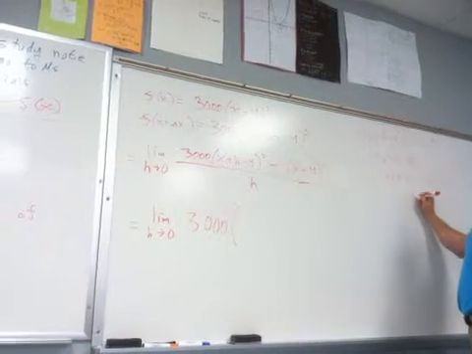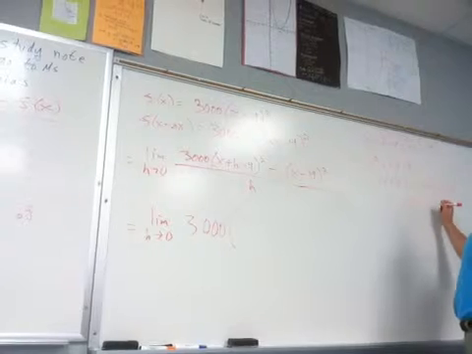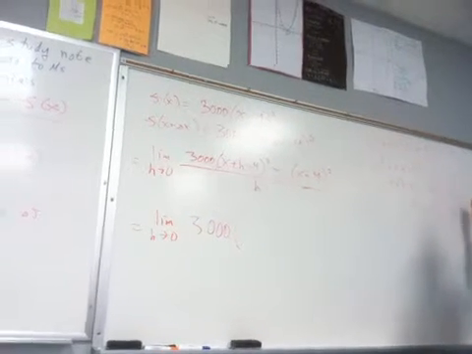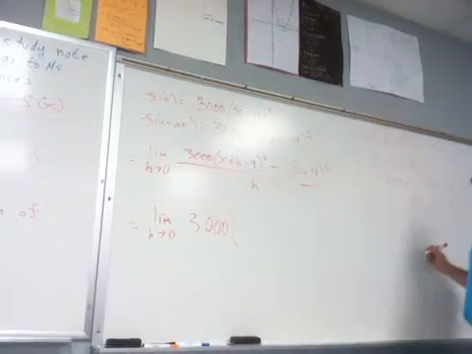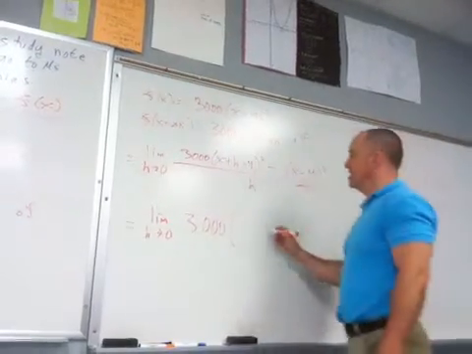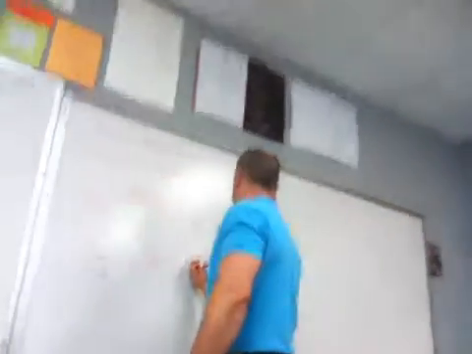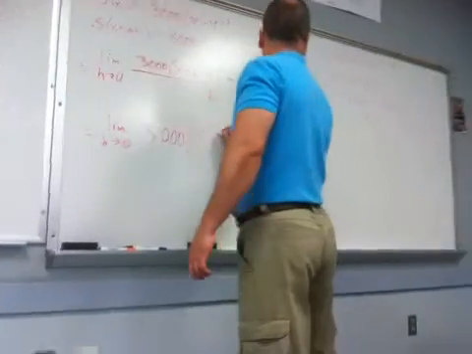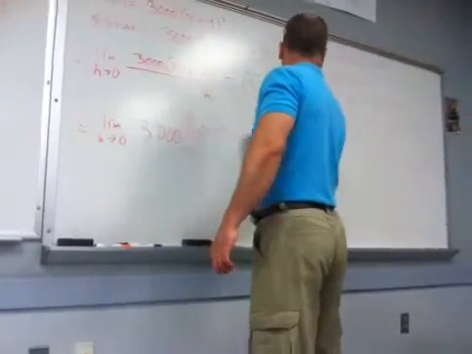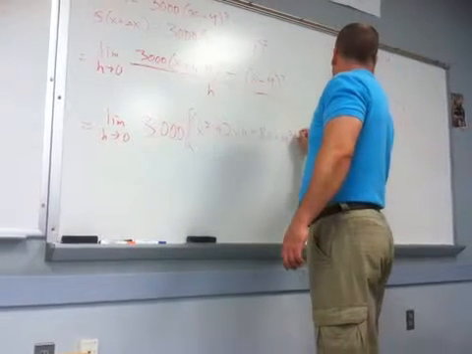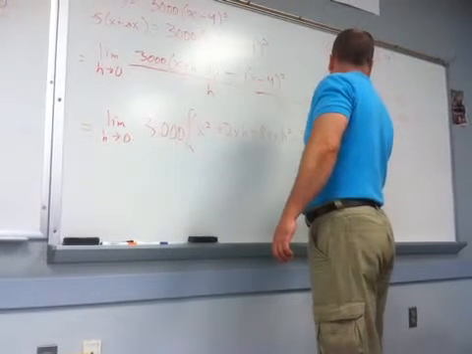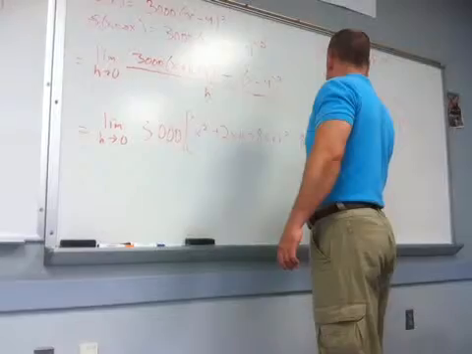Lastly, I'm going to get minus 4x minus 4h plus 16. Notice I wrote them all in columns. So when I combine them all, I get x squared plus 2xh minus 8x plus h squared minus 8h plus 16.